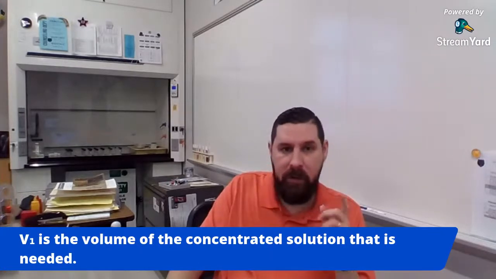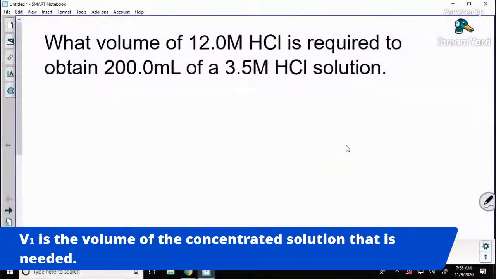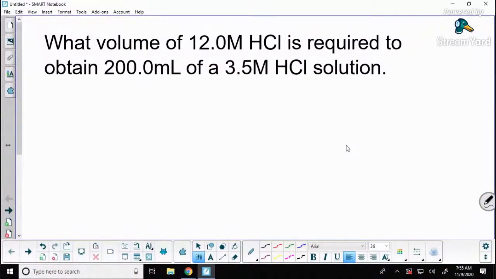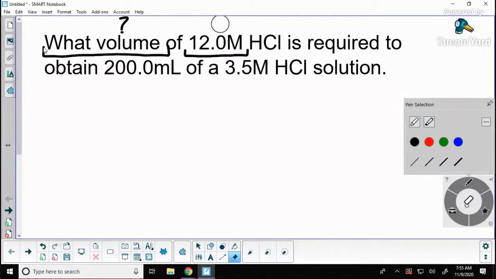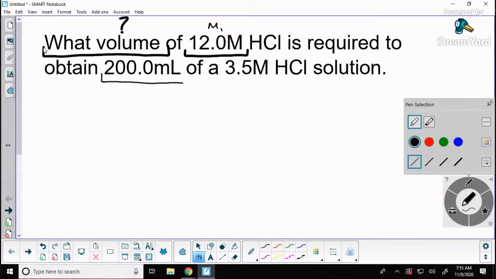So let's go on and take a look at an example problem. So this problem says, what volume of 12.0 molar HCl is required to obtain 200 milliliters of a 3.5 molar HCl solution? So what volume? This is our question, and it's asking of 12 molar HCl. So this is our starting molarity. Is required to obtain 200 milliliters. This is a volume.